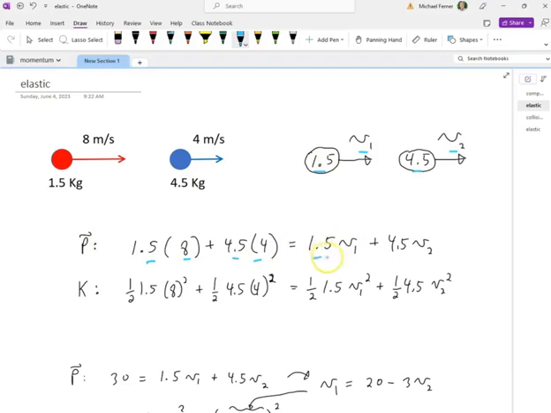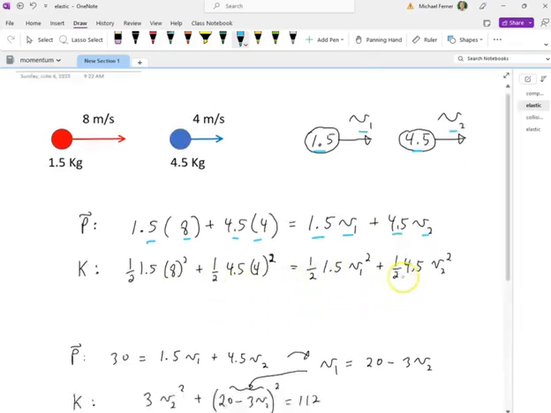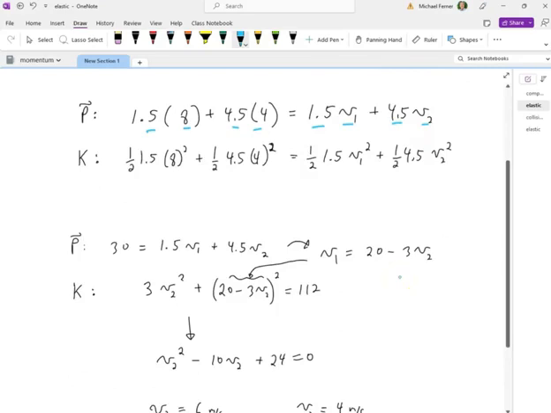On the final side, we just don't know the final velocities. For elastic, where the objects are so-called bouncy, we also conserve kinetic energy. So I have the 1/2 mv squared for each mass, initial and final. That would give us a second equation: 2 equations and 2 unknowns.